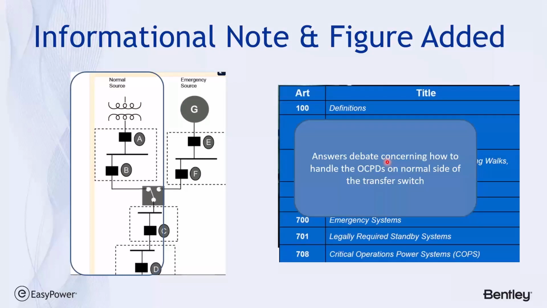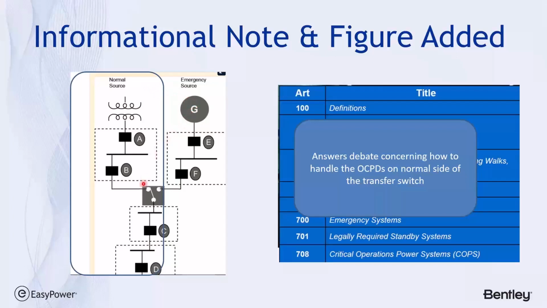I forget the version, the most recent version, 2021, there was a clarification of the requirement to do series coordination or selective coordination versus the normal source compared to the emergency source.